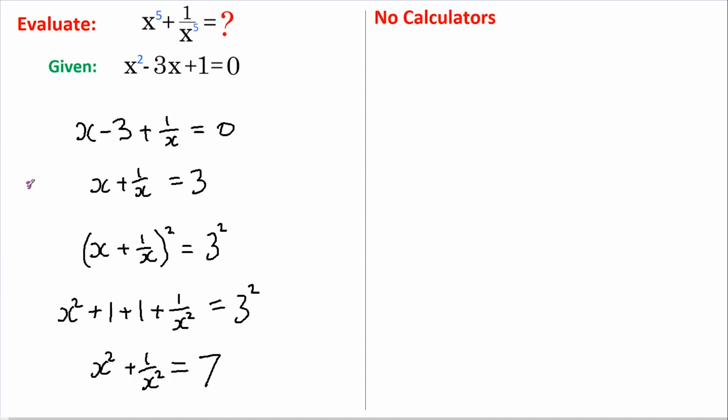Now let's take this equation, where x is to the power of 1, and multiply it by this equation, where x is to the power of 2. So we get x squared times x, which is x cubed. We get x squared over x.